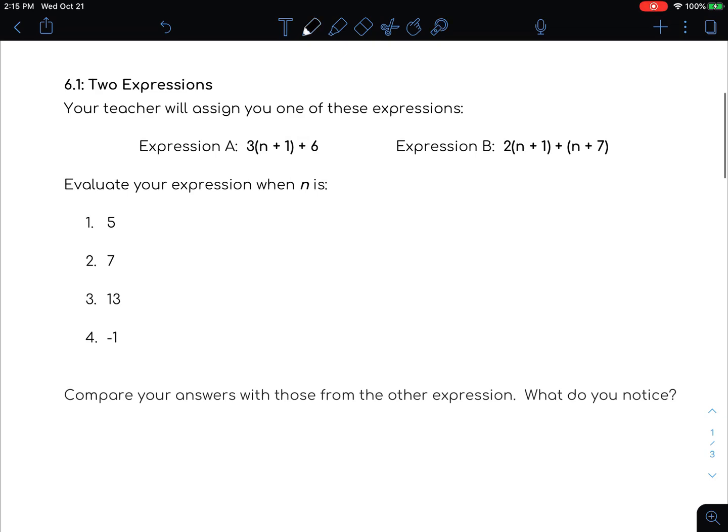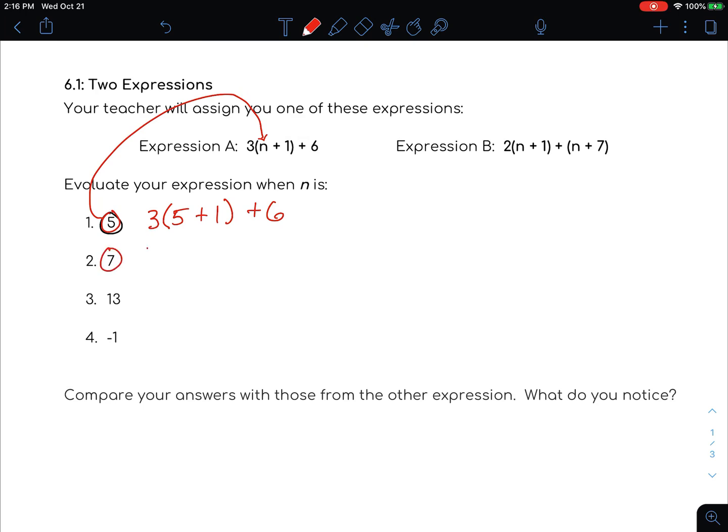All right, so let's start off with the first one. So we're going to take 5, and we're going to put it in for n in the equation. Actually, this is not an equation. Excuse me, it doesn't have an equal sign. It's an expression because it doesn't have an equal sign. So let's put it in the expression. So 3 times 5 plus 1 plus 6. Notice I'm just replacing the n with the 5.